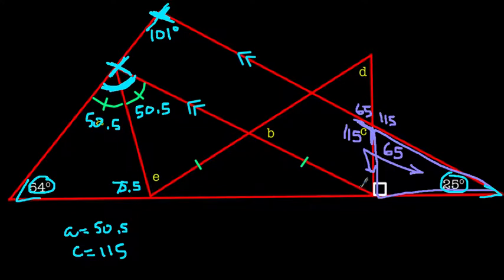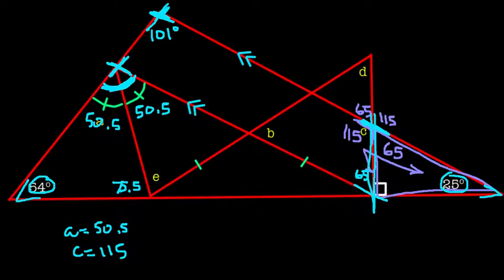Again, over here, we've got these parallel lines continuing this transversal. Alright, 65 is in the upper left position. Down here, 65, upper left position.